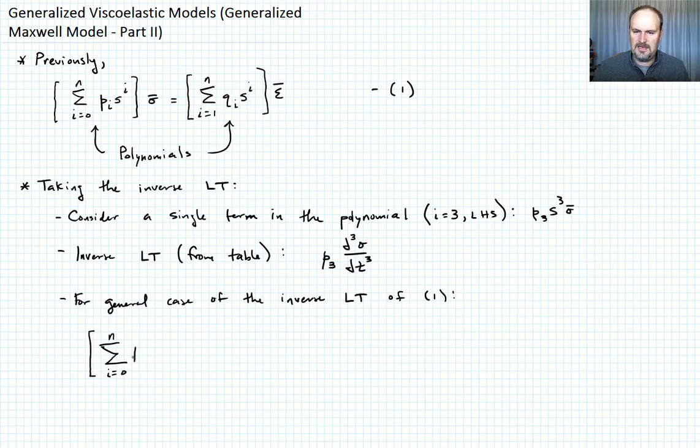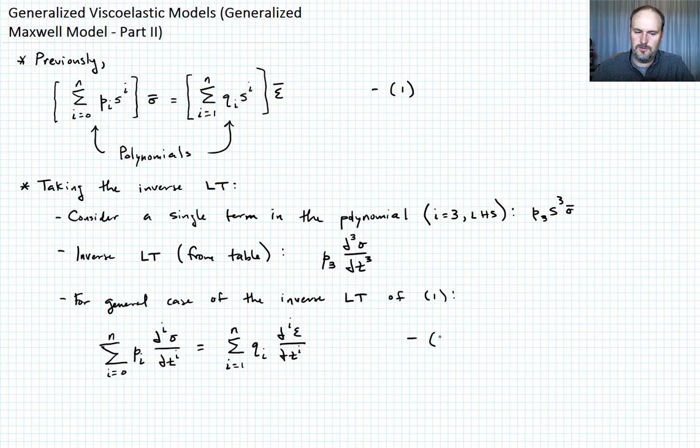The p sub i doesn't change, it's just a constant, and s to the i power times sigma bar becomes the ith derivative of sigma with respect to time. On the other side, we get something very similar. Remember, this side only goes from 1 to n, and it's q sub i times the ith derivative of epsilon with respect to time. Let's call that equation 2.